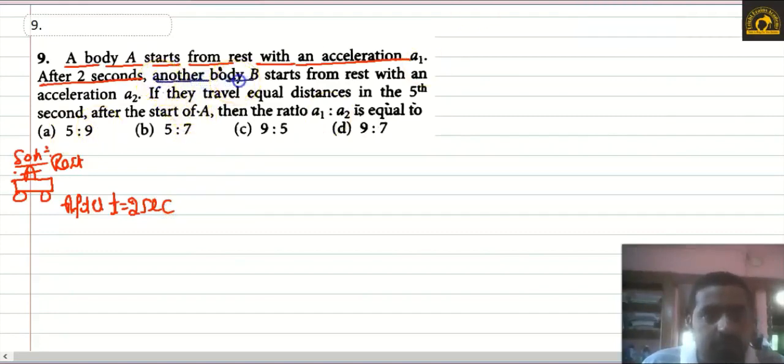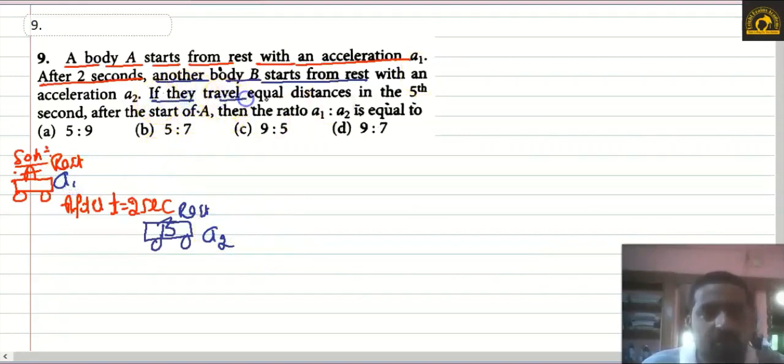another body B starts from rest. Okay, this is the other body. It also starts from rest. This is body B, with an acceleration of a2.